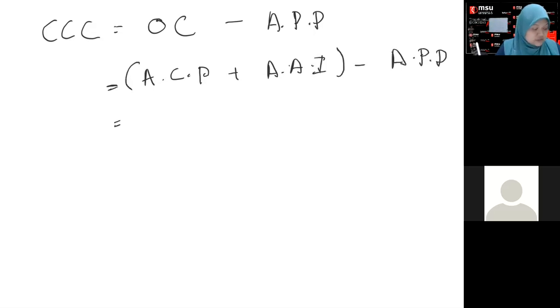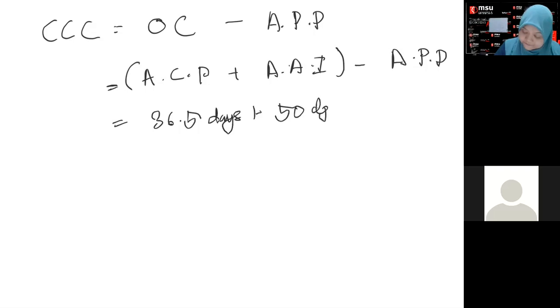So average collection period equals 36.5 days, plus inventory turnover of 50 days, minus 55.5 days. So the answer will be 31 days.